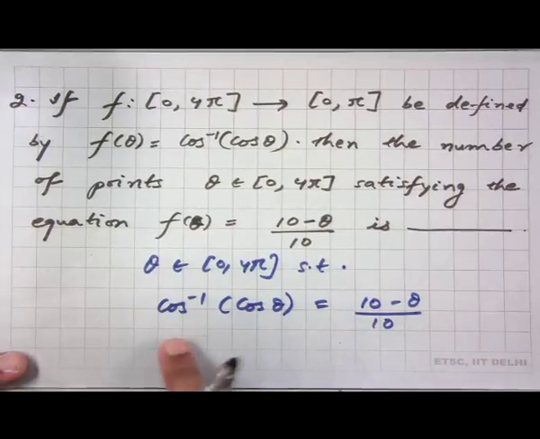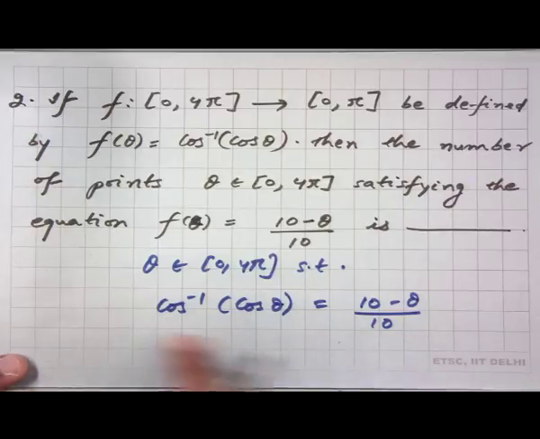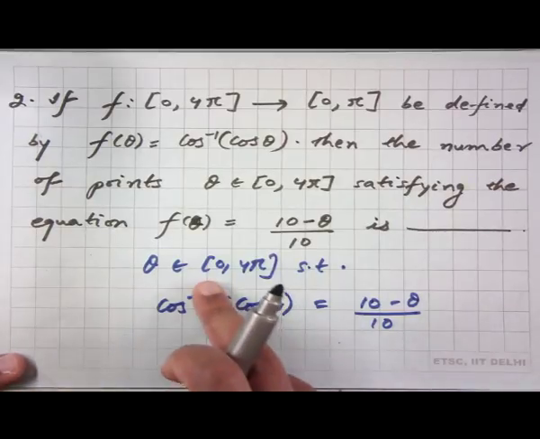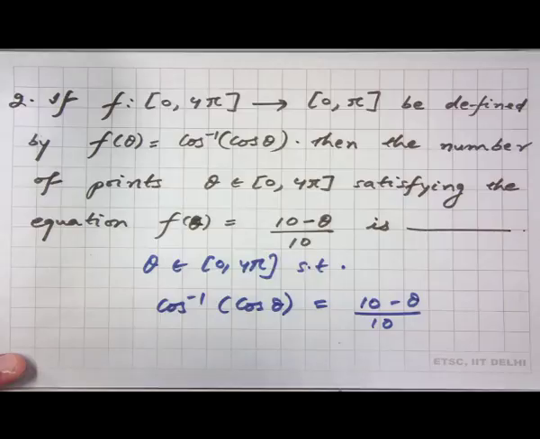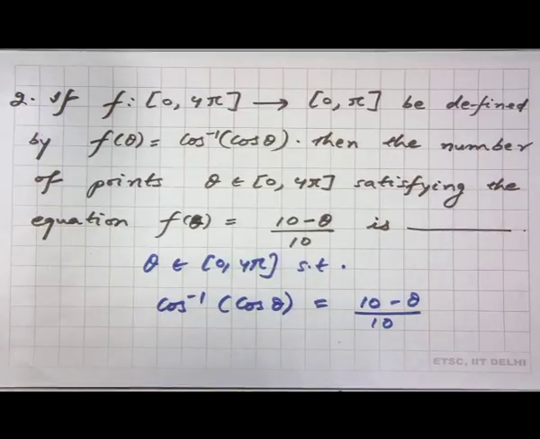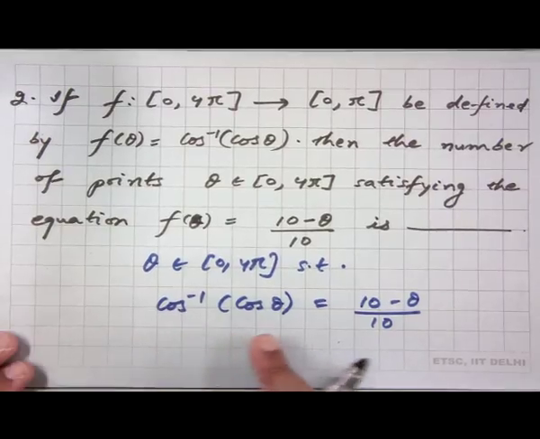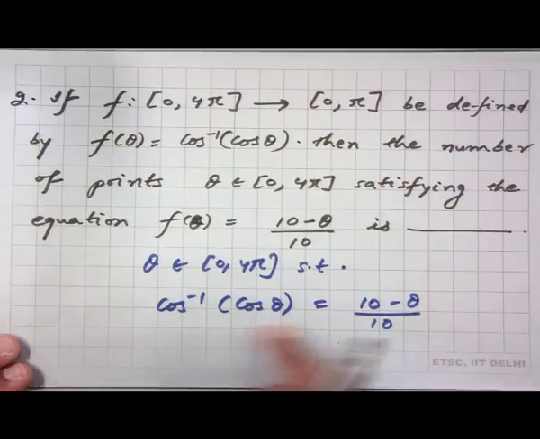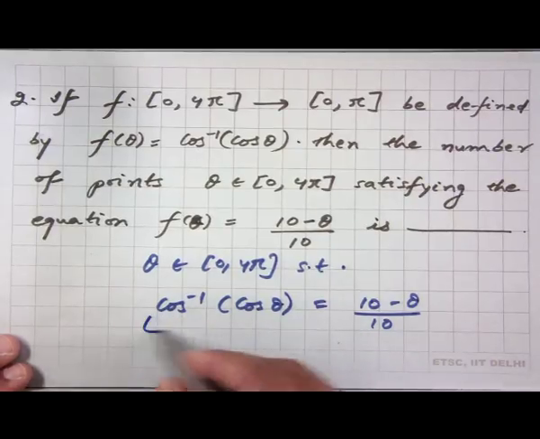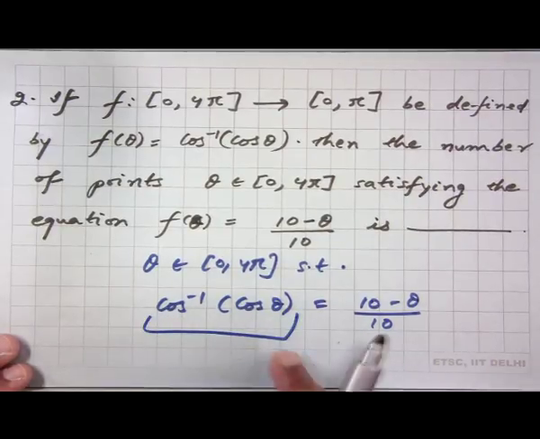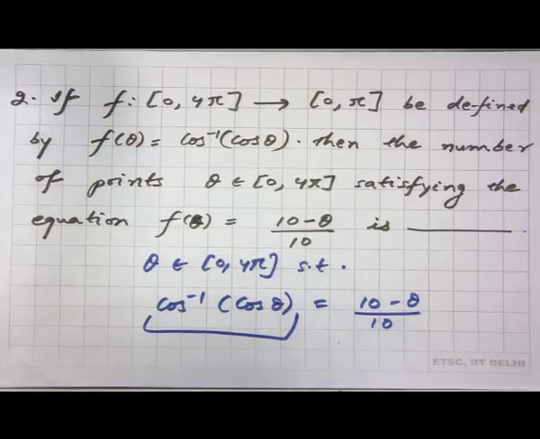So, we need to find out how many solutions to this equation exist in this interval 0 to 4 pi. Because this is trigonometric, we need to first simplify this left hand side and then try to equate and see how many such values of theta are there.